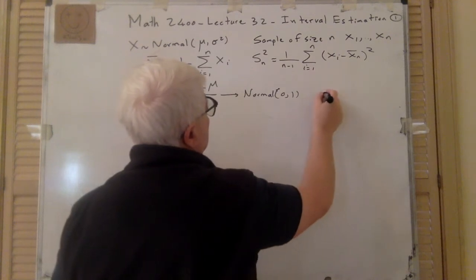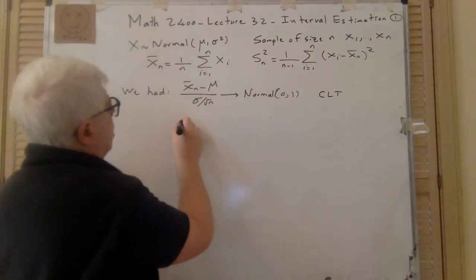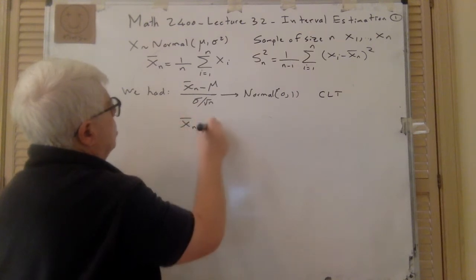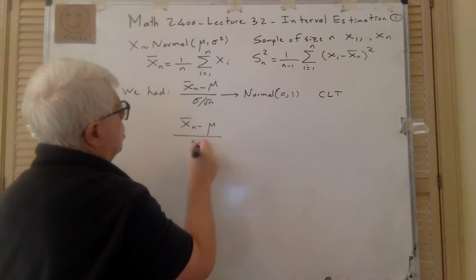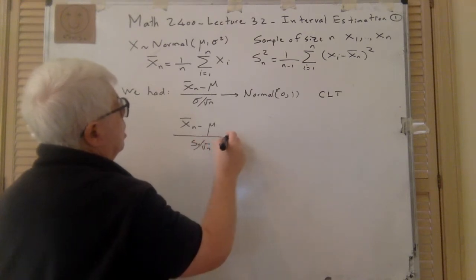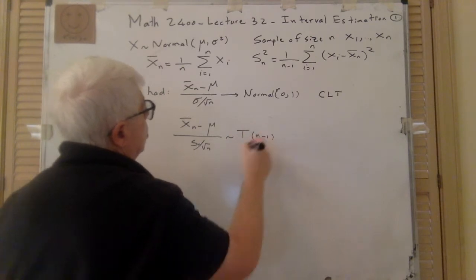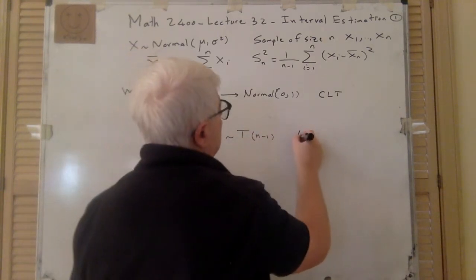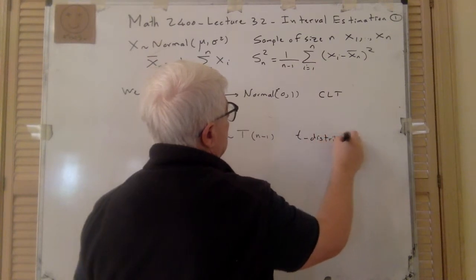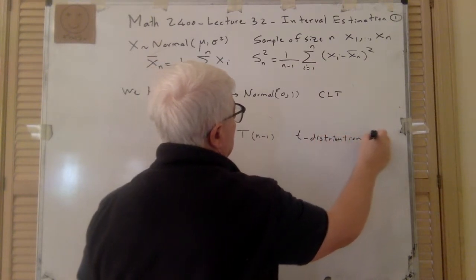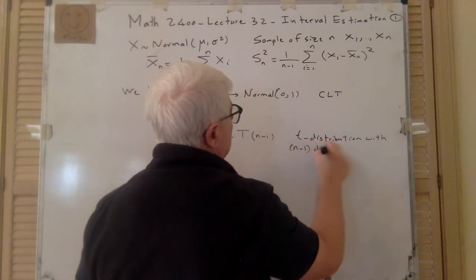So that is the central limit theorem. And we also found that x bar n minus mu over s over square root of n, and this is in fact Sn, is what we call the T distribution with n minus 1 degrees of freedom.